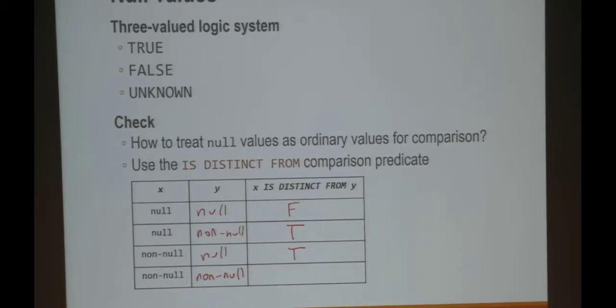You do not know what the value of the non-null is, so what you look at is the actual values itself. Since it is non-null, you know what the value is, so just compare the value. The result is equivalent to the non-equality. Two non-null values are distinct if and only if they are different.